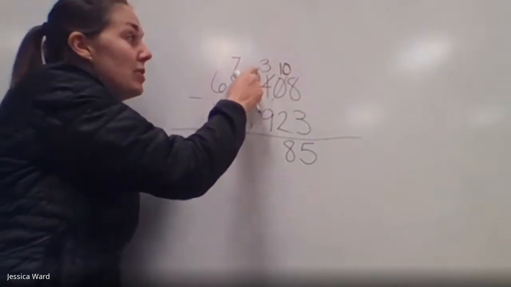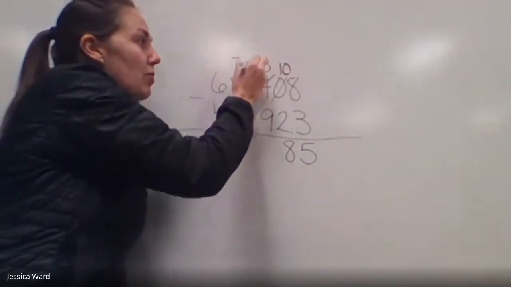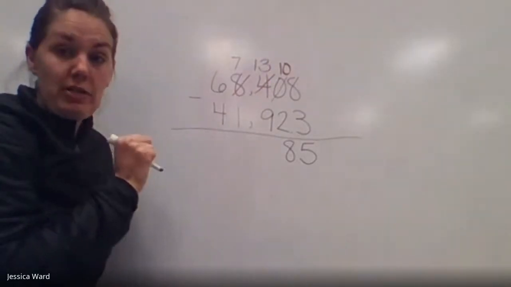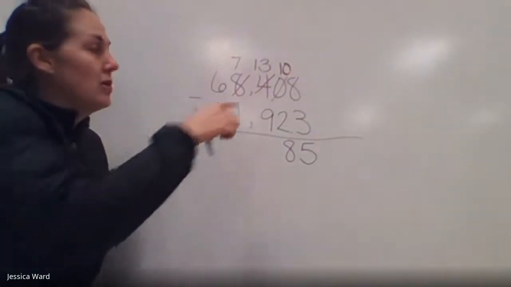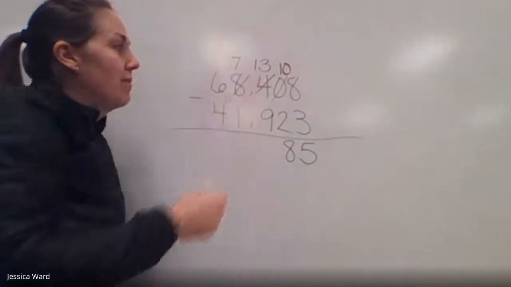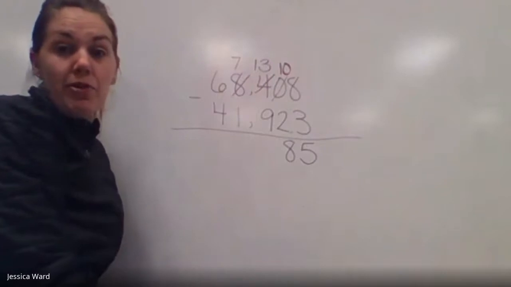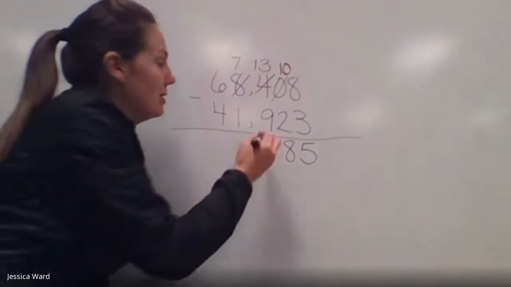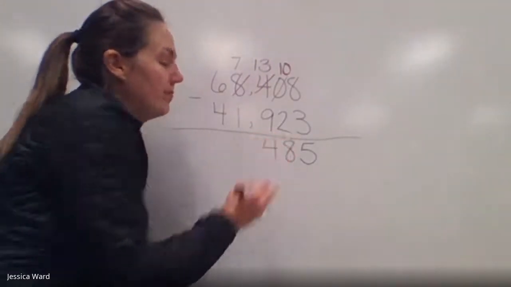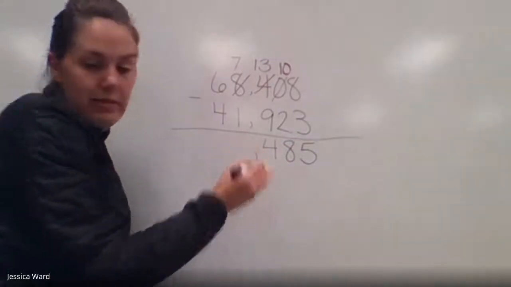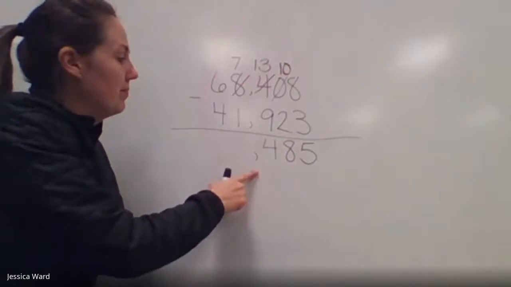I have 300s already there, so I'm just going to put a little 1 in front of it to say that I now have 1,300. 10 hundreds plus 3 more hundreds would give me 1,300. So now, instead of 3 take away 9, I have 13 take away 9. That's going to leave me with 4. Now I'm going to bring down my comma.